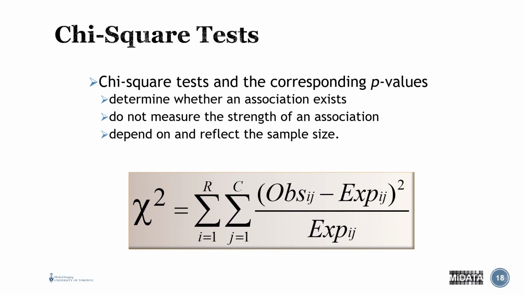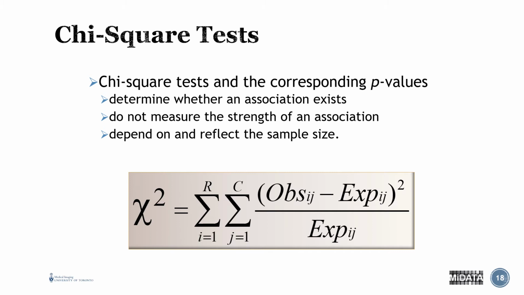Okay, so here is the equation for the chi-square test. And chi-square tests inevitably have corresponding p-values which you need, and what they do is they determine whether an association exists, but they do not measure the strength of an association, and they depend heavily on and reflect the sample size.